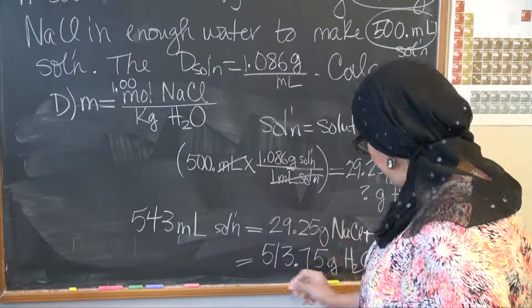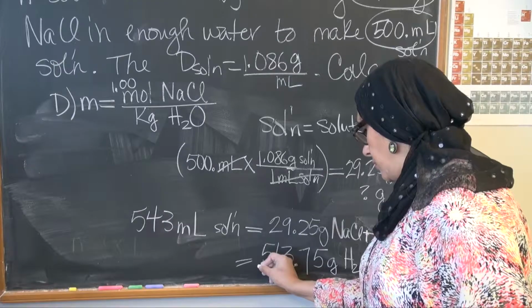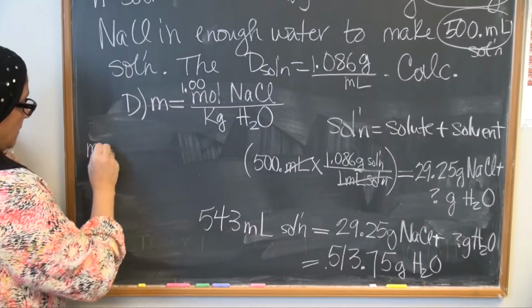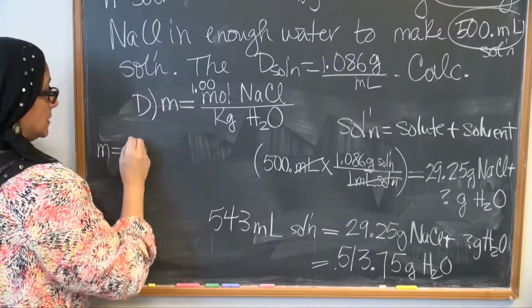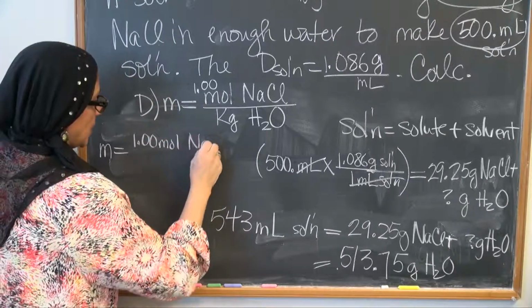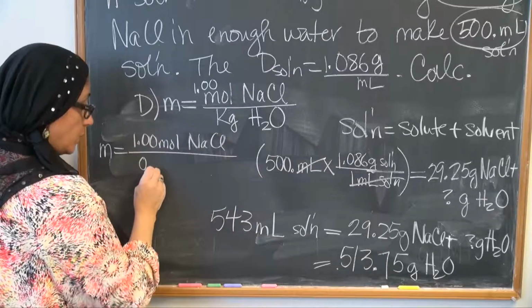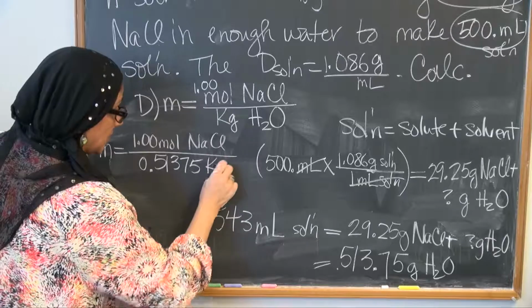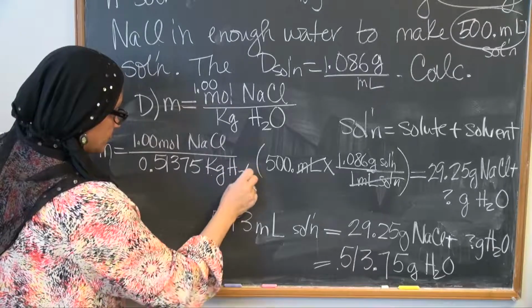We're almost there. We need it in kilograms. We will move our decimal over 3 places, and we have the molality is 1.00 moles of sodium chloride per 0.51375 kilograms of water.